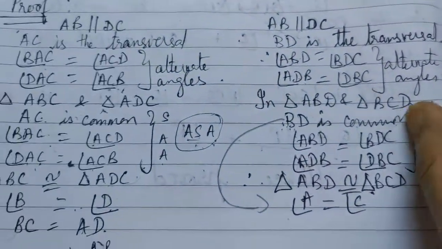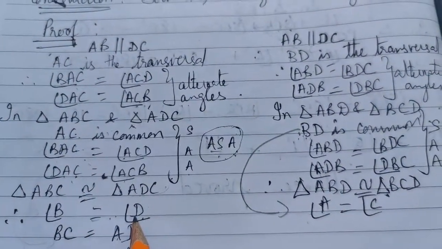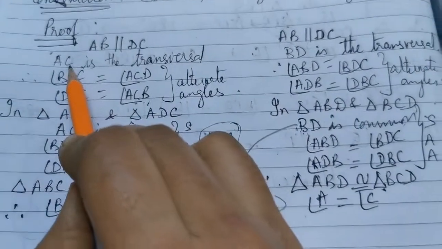So from the first diagonal, I proved angle B is equal to angle D by taking AC as the transversal.